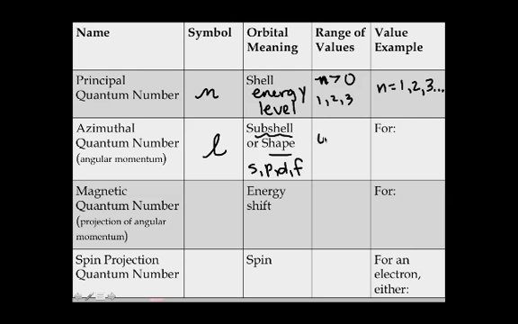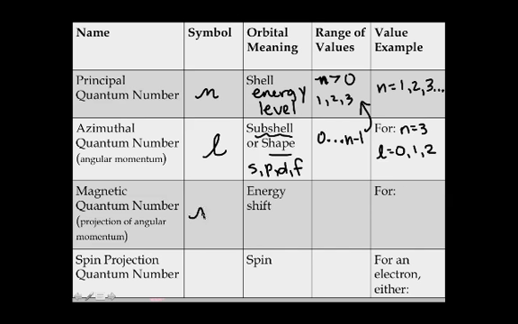L can be anything from 0 all the way up to n minus 1. So whatever n is here defines how big the L can be. So for instance, if we had energy level 3, then L can have values of 0, 1, or 2, but nothing higher than that because we can only go up to n minus 1.